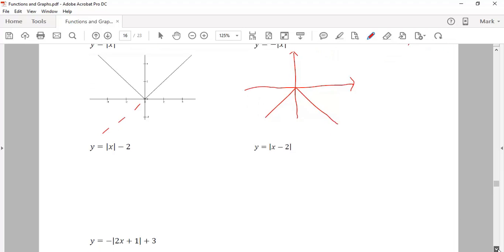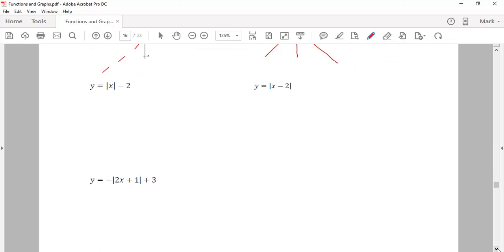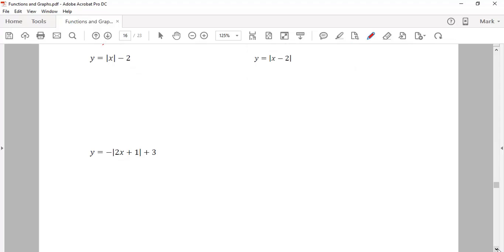Alright, so let's move down to these graphs. y equals absolute value of x minus 2. If you think about it, I'm pretty sure you should know what this looks like. Remember the -2 just moves the whole graph down.